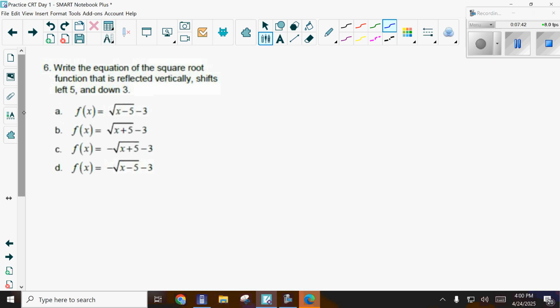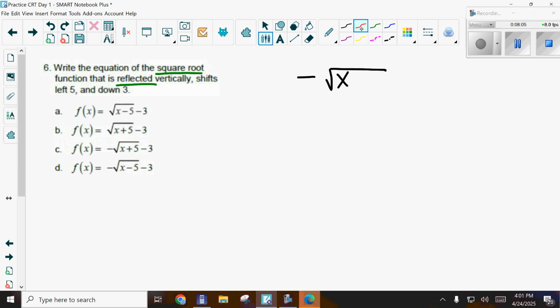Number 6, write the equation of the square root function. So you have to know that a square root function has one of these symbols. It says it's reflected vertically. Anytime you have a reflection, it's going to be a negative. It shifts left 5. Now check this out. If I have my x in here, remember the left and right movement has to go inside with x.